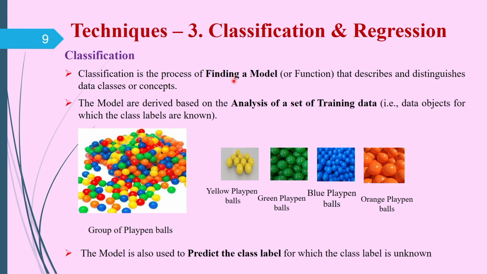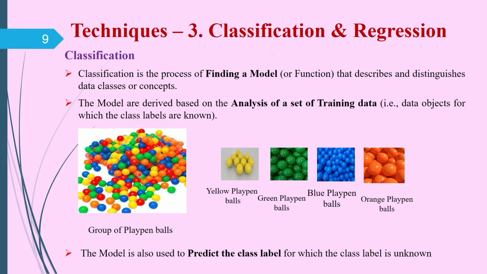When we apply the model for classification, these balls are classified into yellow play pen balls, green play pen balls, blue play pen balls and orange play pen balls. So this is a classified set of items from the huge group of play pen balls.